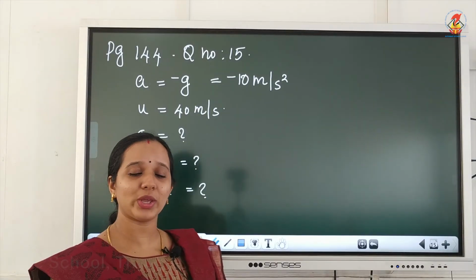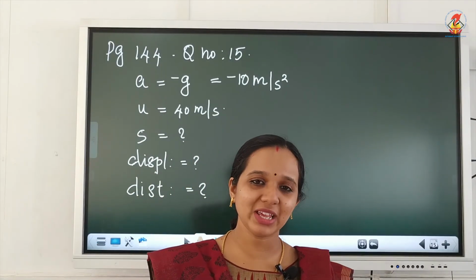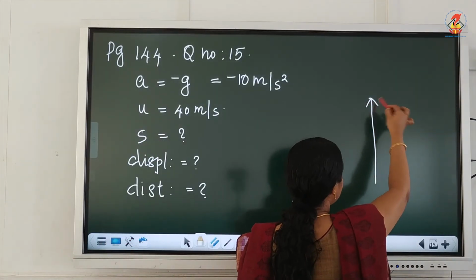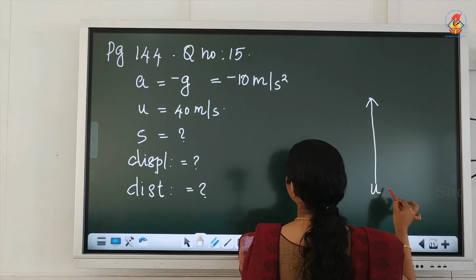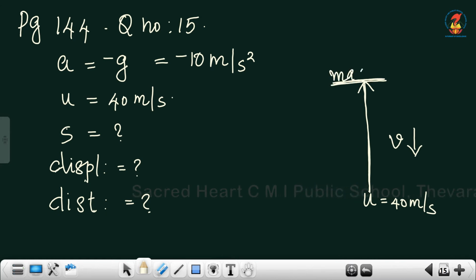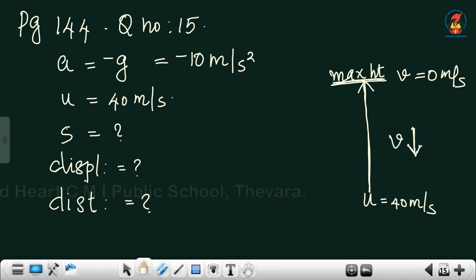When a body moves upwards, initially it had a velocity u is equal to 40 meter per second. As the body moves up, its velocity will decrease, and when it reaches maximum height it becomes 0 meter per second.